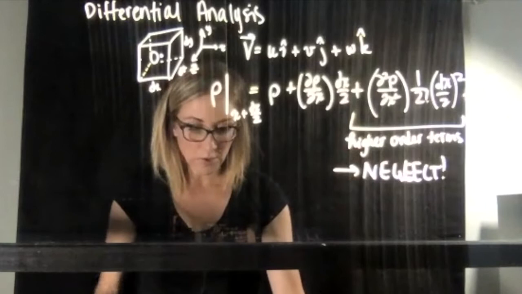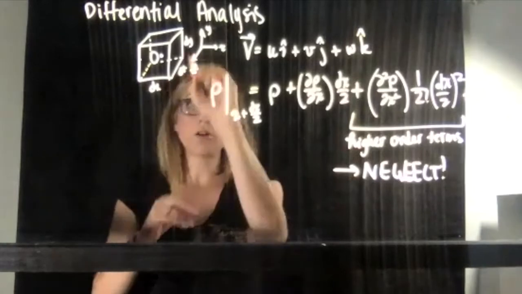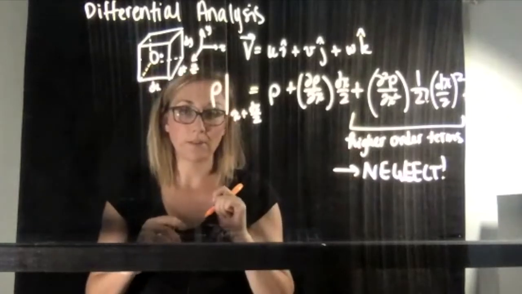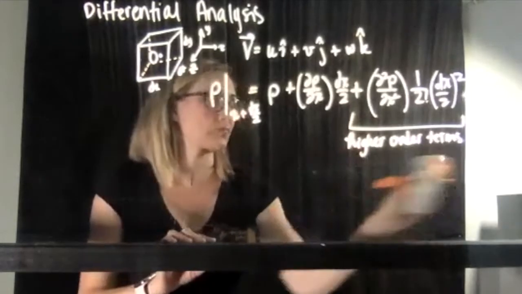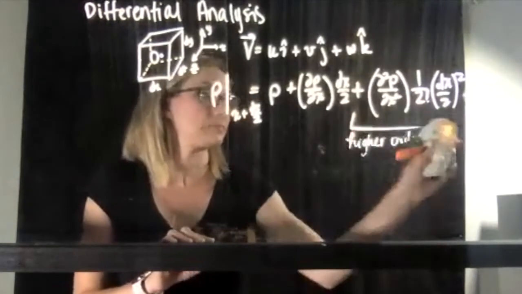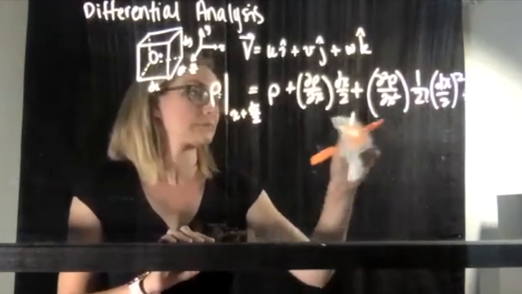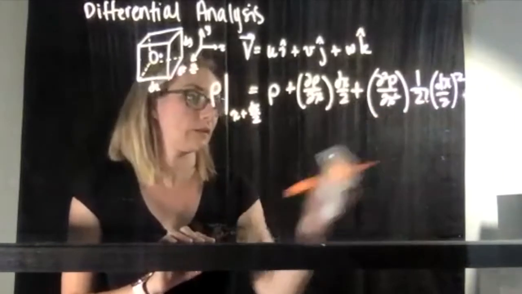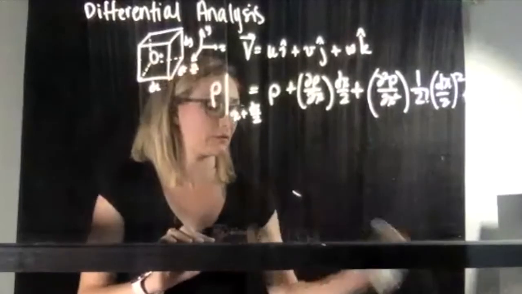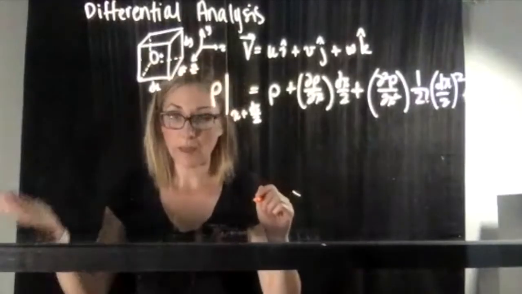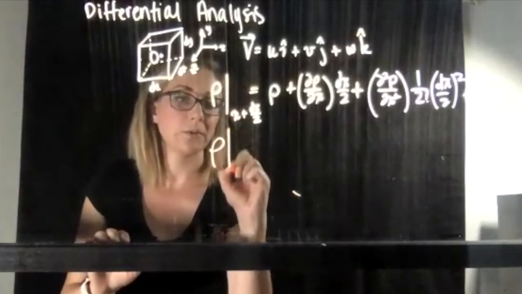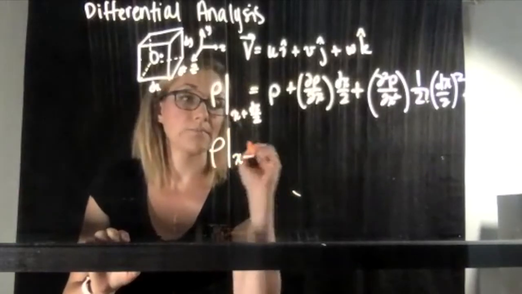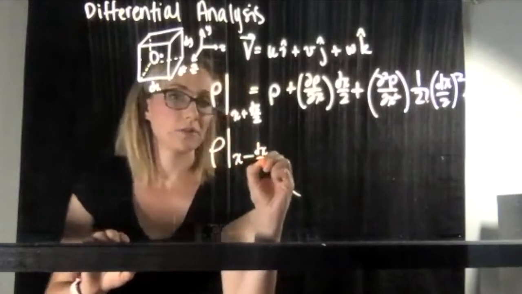Okay, so here we want to take a look at all 6 of the faces that appear on this cube. On the left-hand face, in a similar fashion, we want to look at the density at x minus dx over 2.